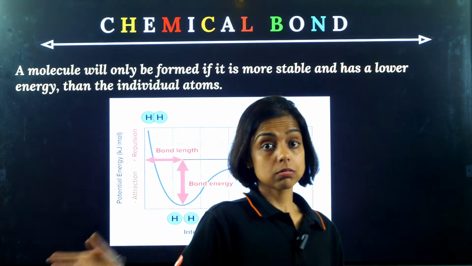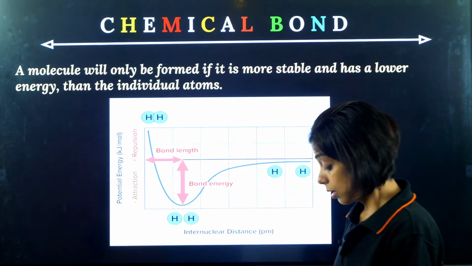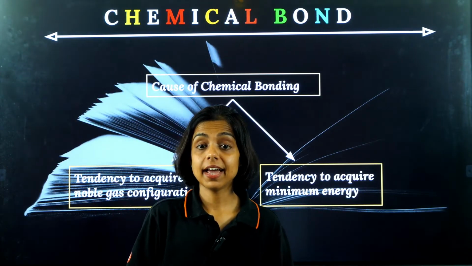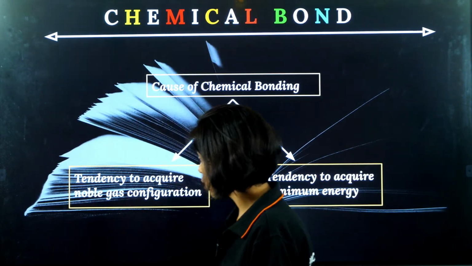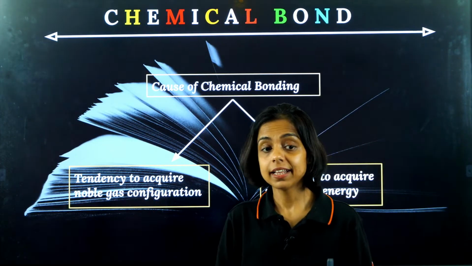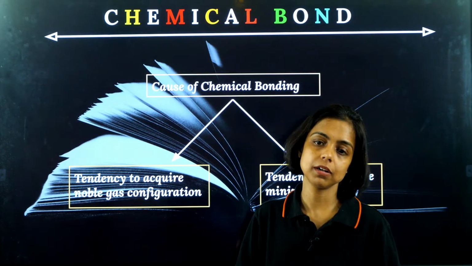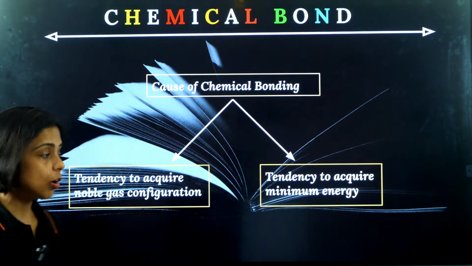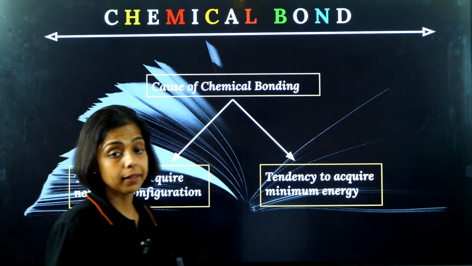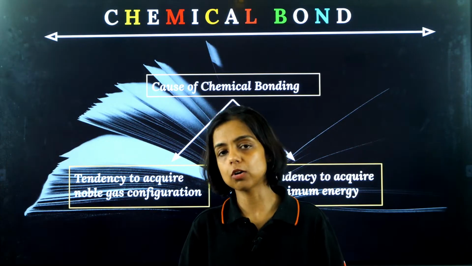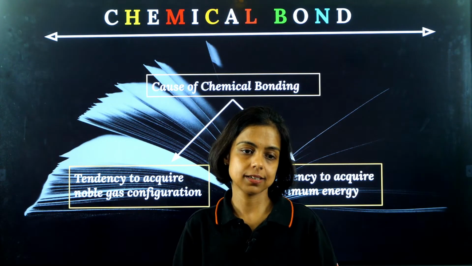So another cause for chemical bond formation is to attain the electronic configuration similar to that of a noble gas.